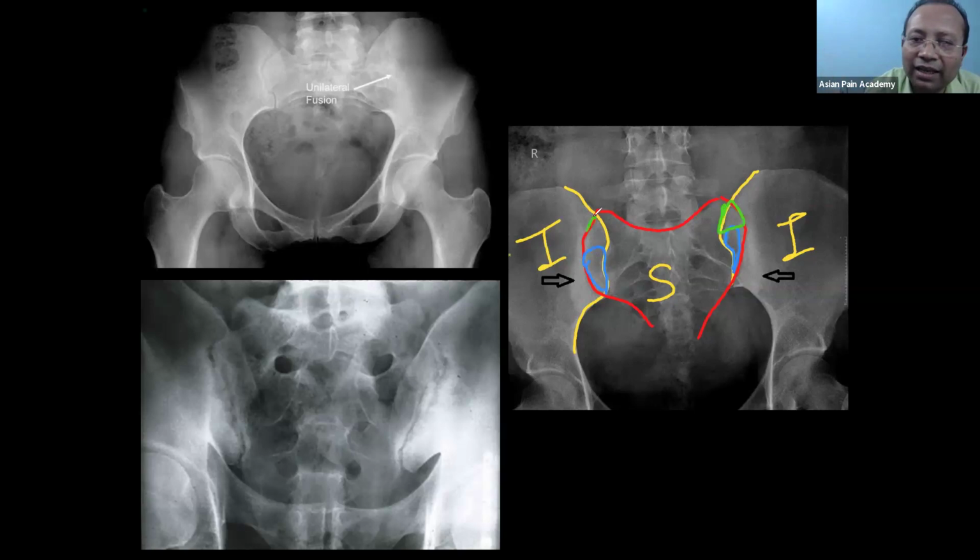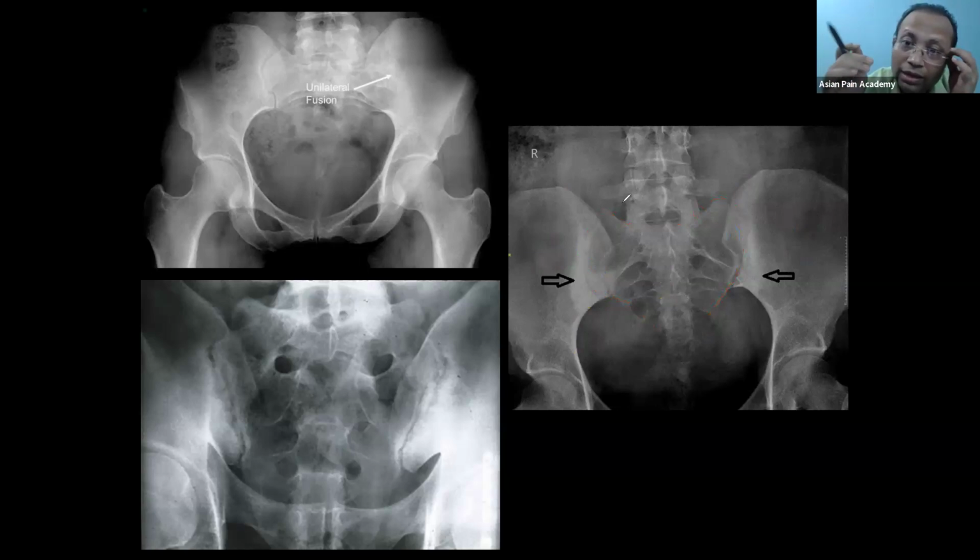This part is hanging over the sacrum, as I just showed you. So this is the area. Now let us see if I remove the drawing. So in this side it is more clear. So here you see this is the joint part.